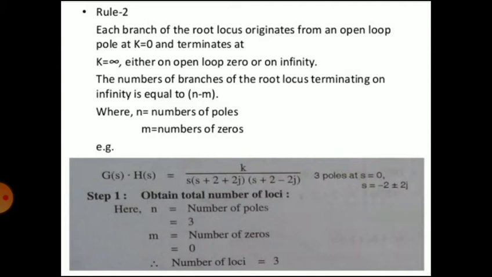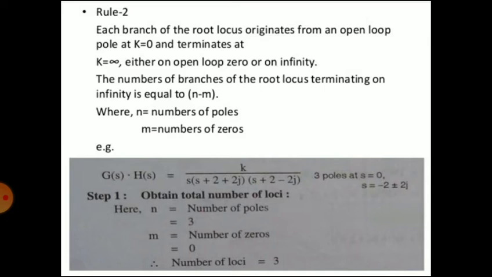When you equate the denominator to 0, that gives the poles. So the number of poles is the 3 values that you get, n equal to 3. For the number of zeros, you have to equate the numerator to 0 for the value of s.